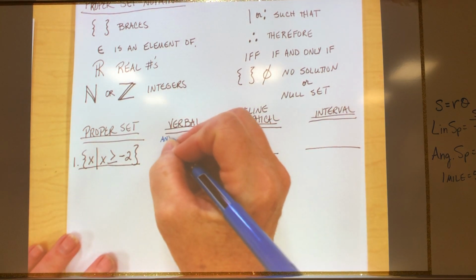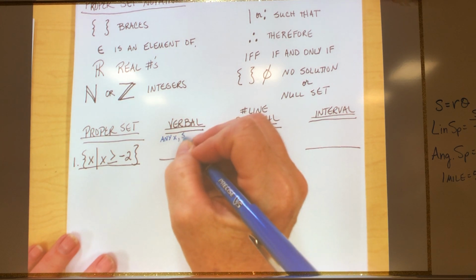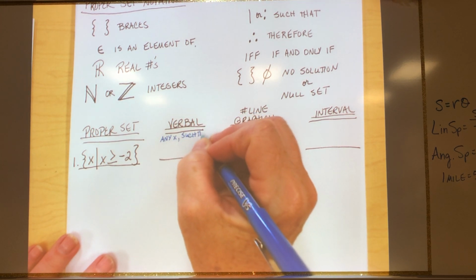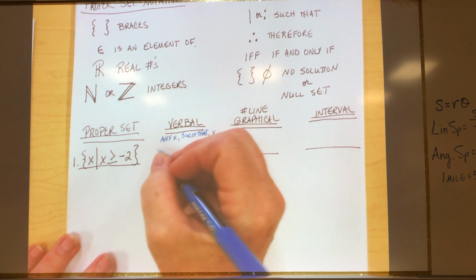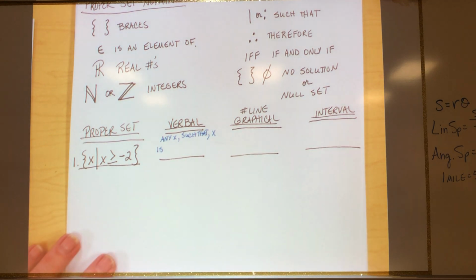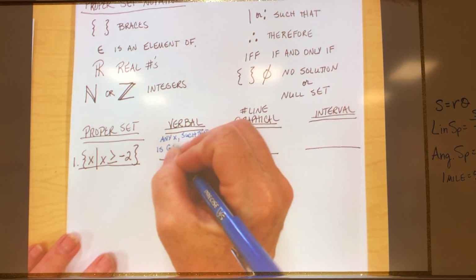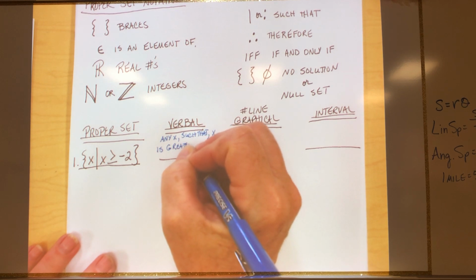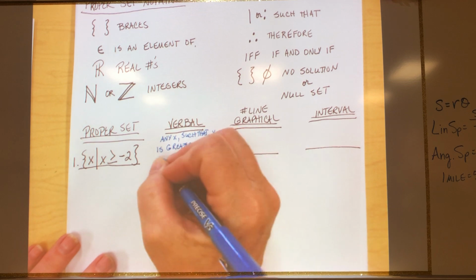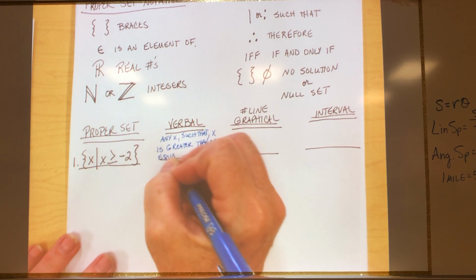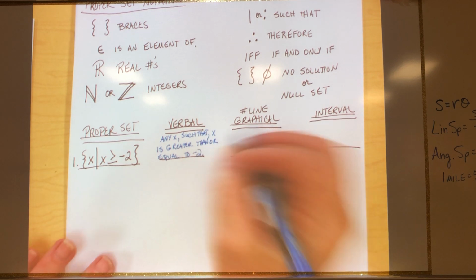Any x, and you have to write this, comma, such that x is greater than or equal to, and I'll let you write the number, -2.